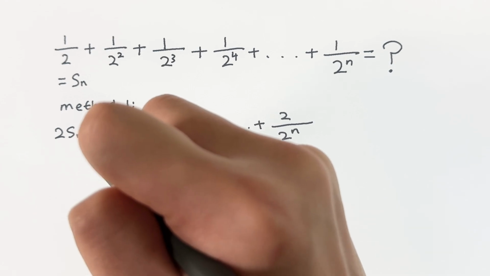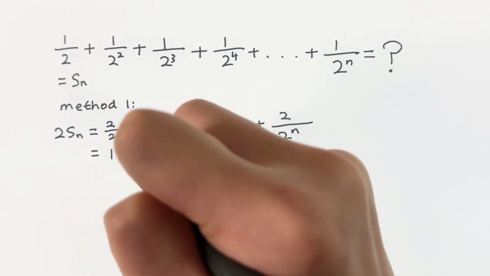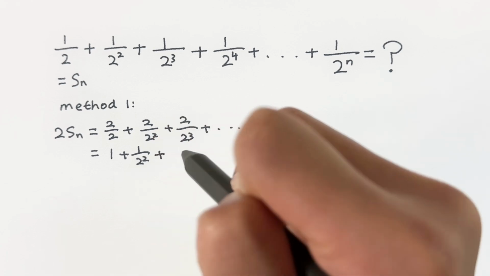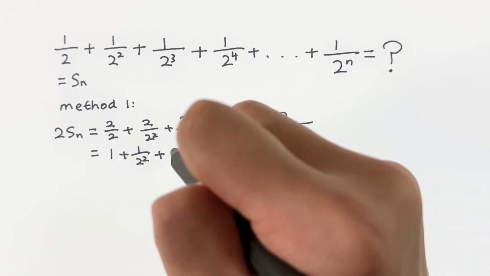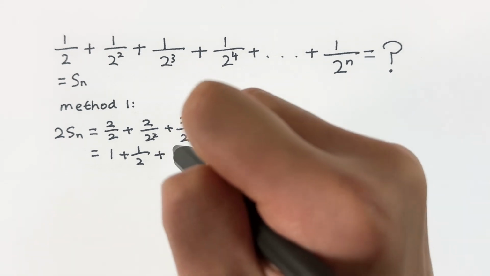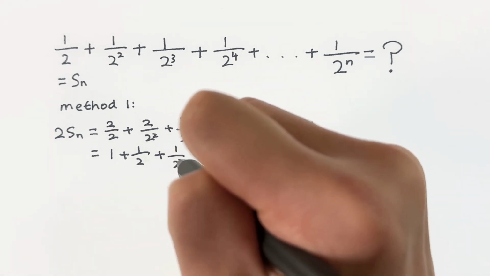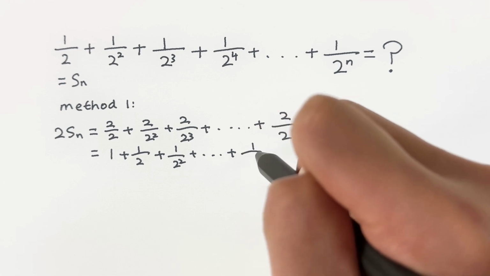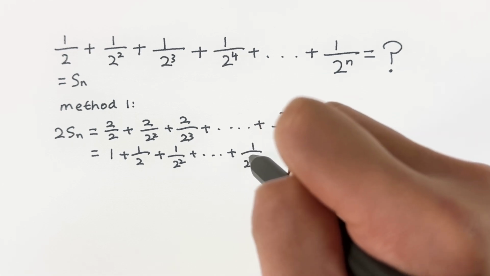So this will equal to 1 plus 1 over 2 plus 1 over 2 squared plus 1 over 2 to the power of n minus 1.